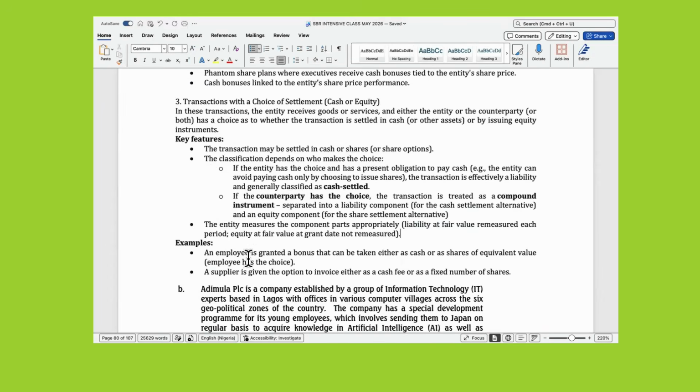So a typical example is an employee that is granted a bonus that can either be taken in cash or shares. Or a supplier that is given an option to invoice either in cash or a fixed number of shares. That's transaction with a choice of settlement.